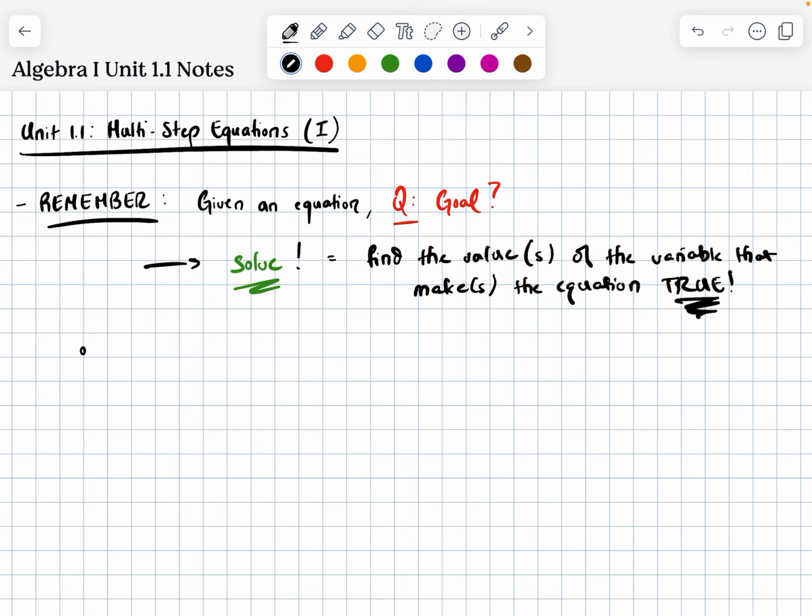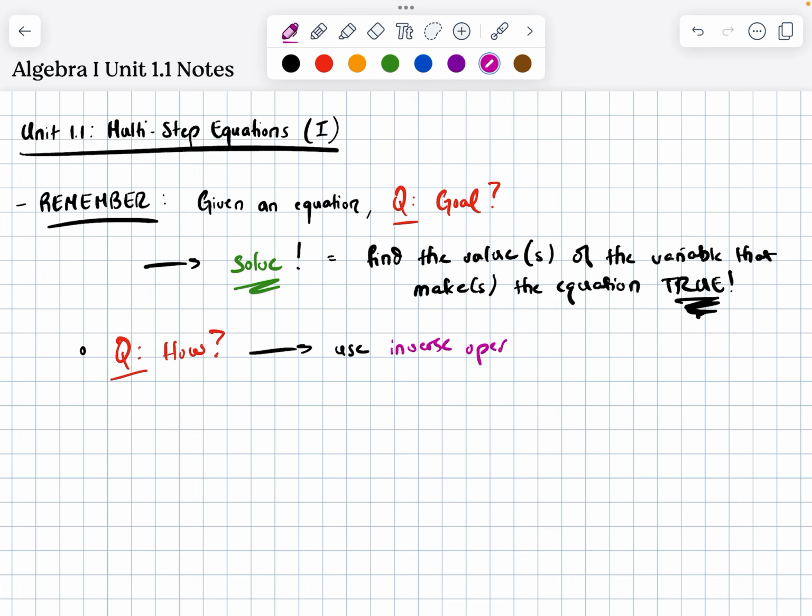The next question then that you're probably asking is, how do I do it? That's my goal. What's my strategy? How do I achieve it? Well, you tell me. What do I need to do in order to solve an equation? What do you think? 5, 4, 3, 2, 1. Okay. To solve an equation, the strategy that I use is, of course, to apply my inverse operations. And I'm using those inverse operations with a particular goal in mind.